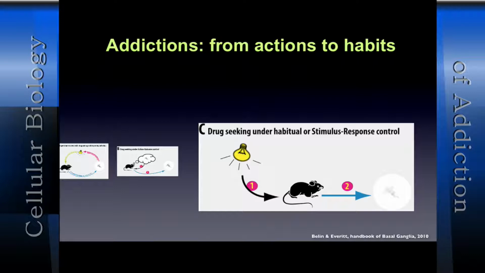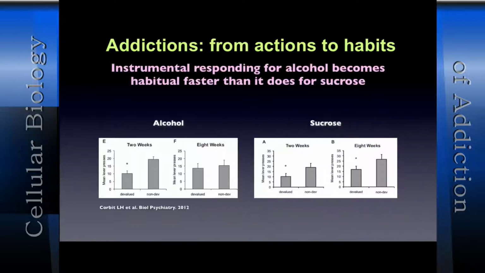So drugs facilitate habits. After 2 weeks of instrumental responding for alcohol, rats would show resistance to the devaluation. After 8 weeks, they would show insensitivity to the devaluation, whereas with the same training for sucrose, they would still show sensitivity to the devaluation. So alcohol by itself facilitates the emergence of habits.